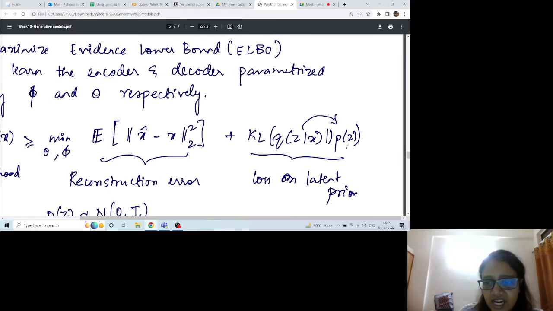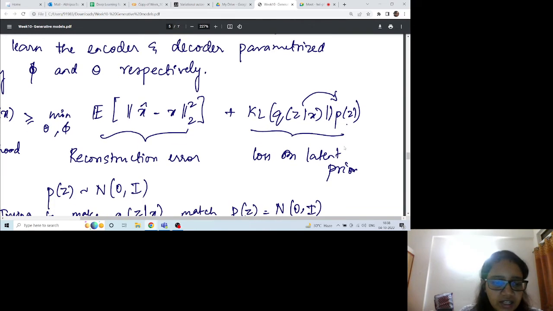Similarly, there is a KL divergence loss as well. Again, repetition: KL divergence is used to compare two probability distributions, and the lower the value of the KL divergence, the more similar the distributions are. You can see that this q of z given x is a posterior, and this posterior distribution should be similar to your prior distribution.